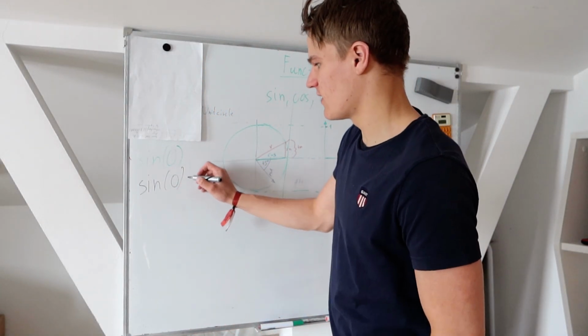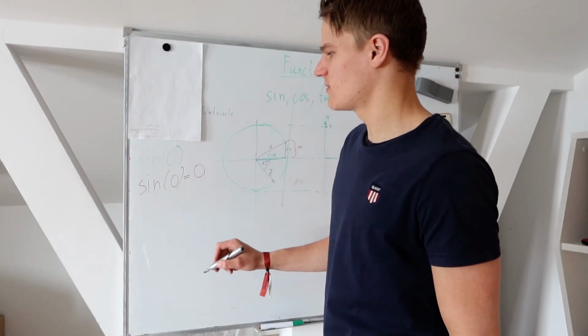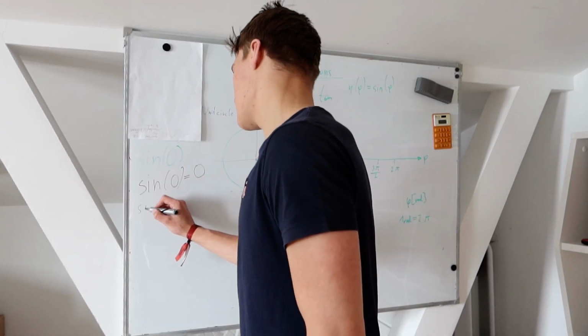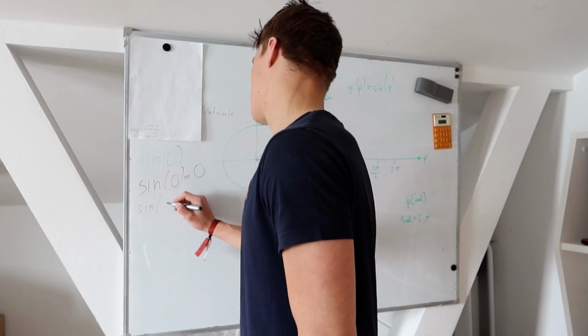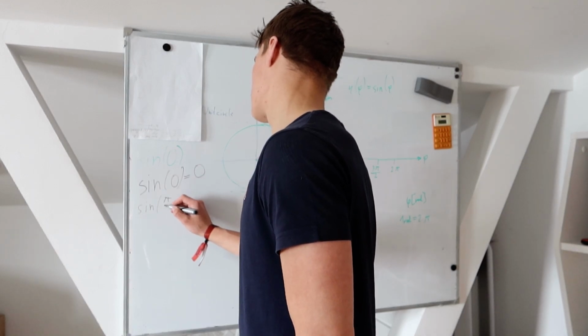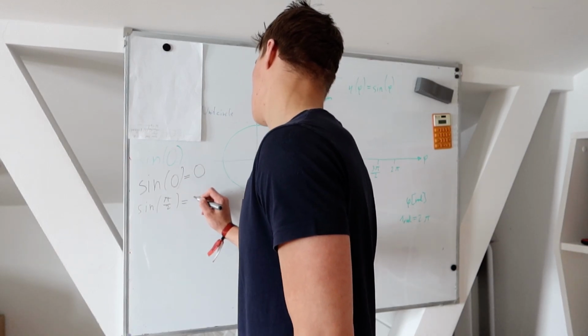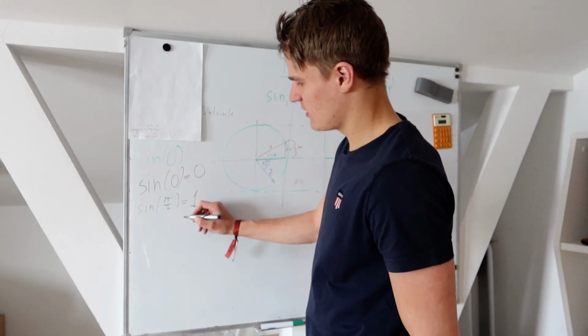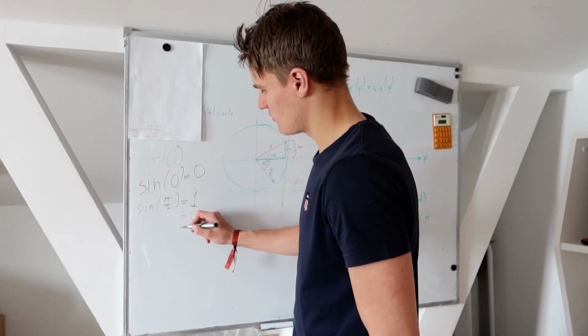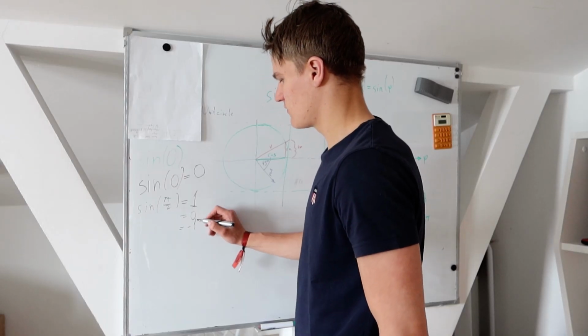What is that? What's the value for that? That's of course 0, right? Good. Sine of 90 degrees. Let's see. Sine of pi over 2 is 1, right? And so on and so forth, and we get sine of pi is equal to 0 if we continue with this pattern, and sine of 3 pi over 2 is equal to -1, right?